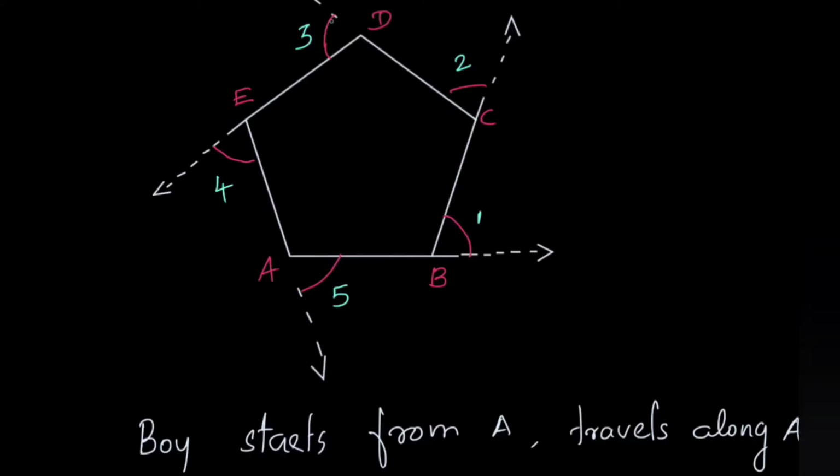From D it takes a turn of angle 3 and then travels along DE. From the point E it again takes a turn of angle 4 and reaches A, and from A again it takes a turn of angle 5.